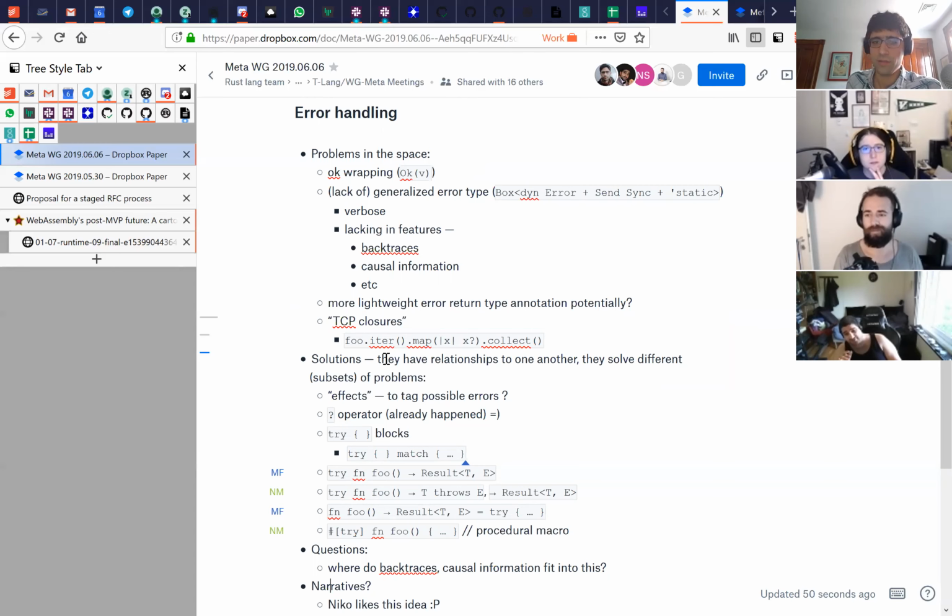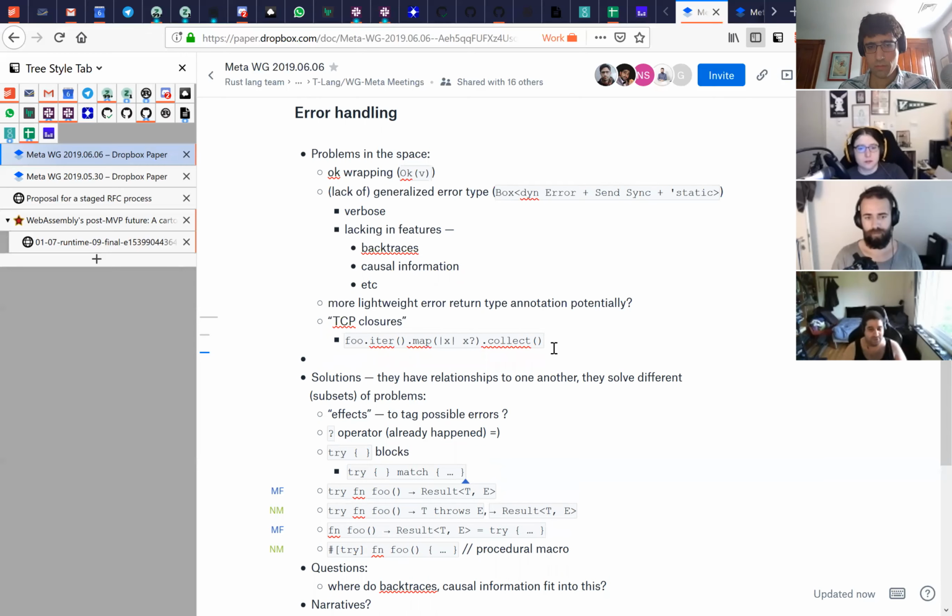And interesting, if you think about the chain and trees of solutions here: if you just have the shorthand function syntax where you say equals try, but you don't have try, then you can't write equals try. You can just write equals match. But if you have try, then those two interact.